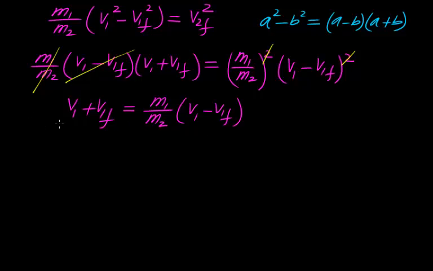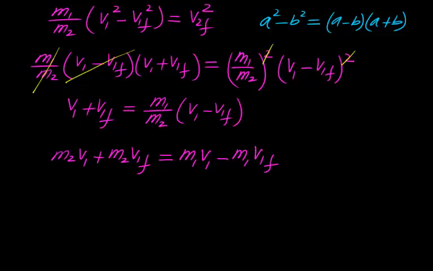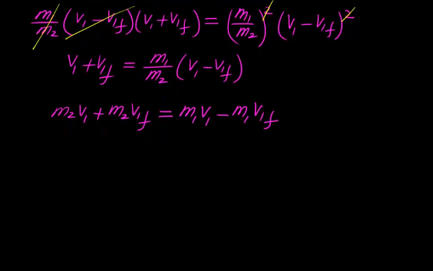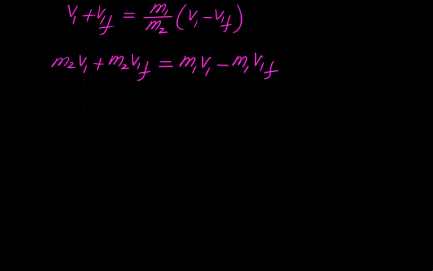First, multiply both sides of the equation by m2. The expression becomes m2 times v1 plus m2 times v1 final equals, distribute the m1 here, m1 times v1 minus m1 times v1 final. Now let's move the like terms to one side of the equation.